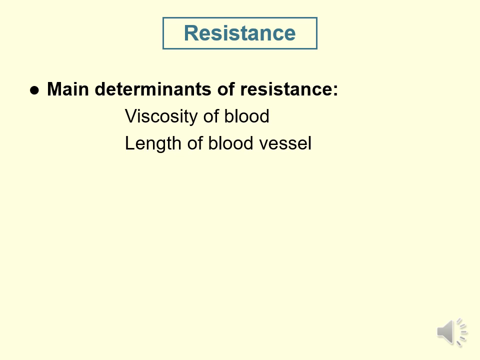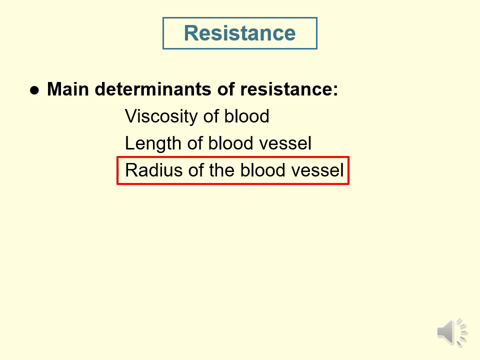The length of the blood vessels, and again, for us, we don't have to bother so much about the length of the blood vessels because normally the length of our blood vessels is fairly constant. So that's not really something that changes quickly. The factor that does have the greatest influence on the resistance, and the thing that we're going to be focusing most heavily on, is the radius of the blood vessel, or the diameter of the blood vessel itself.